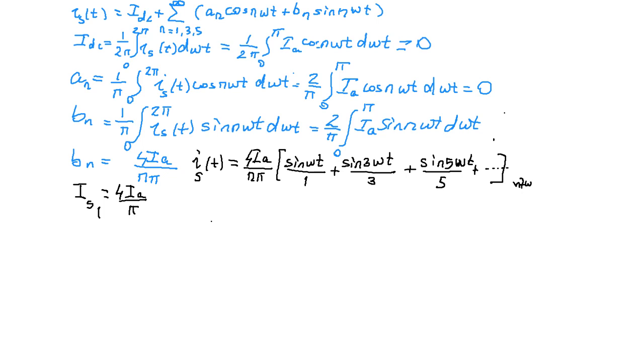If it is RMS, this, let me call it IS max. IS max is 4 times IA over pi.